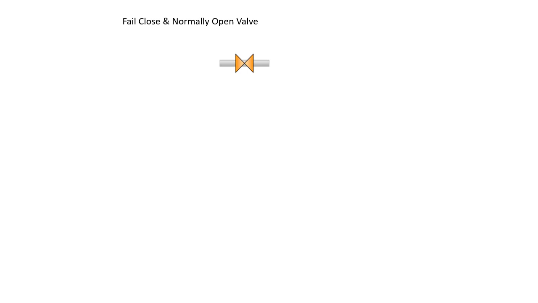Fail closed means whenever there is any issue in the valve, maybe there may be wire breakage, there may be an issue with the air supply failure, or maybe there is some issue with the positioner. Anything happens, the valve will be closed, right? But in normal condition, when the process is running, the valve is in open condition.